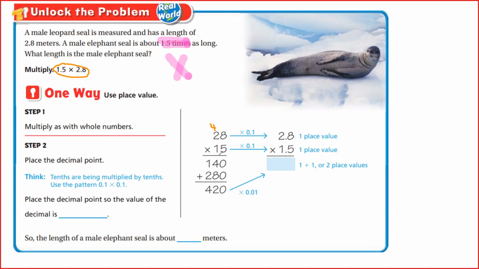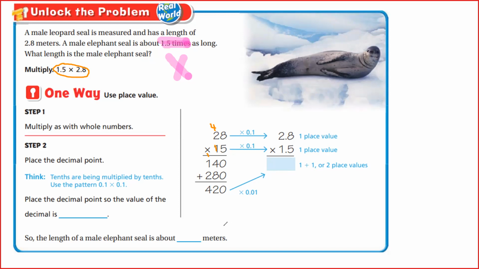I will add 0 because I'm now going to multiply the tens. 1 times 8, 8. 1 times 2, 2. Then 0 plus 0, 0. 4 plus 8, 12. 2 plus 1, 3, plus 1, 4. So after you multiply, you get the answer 420.